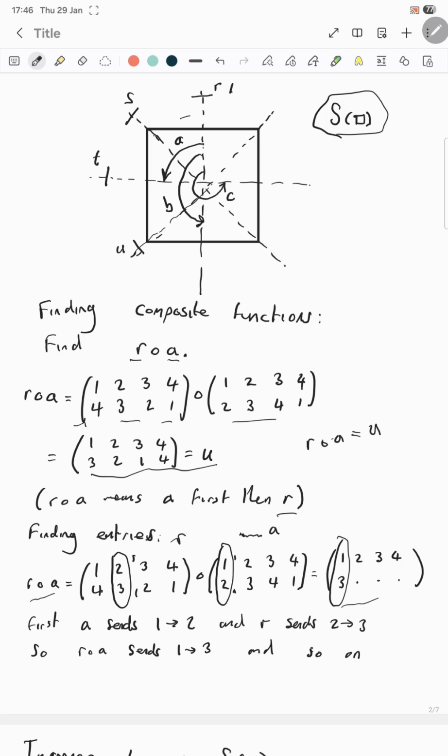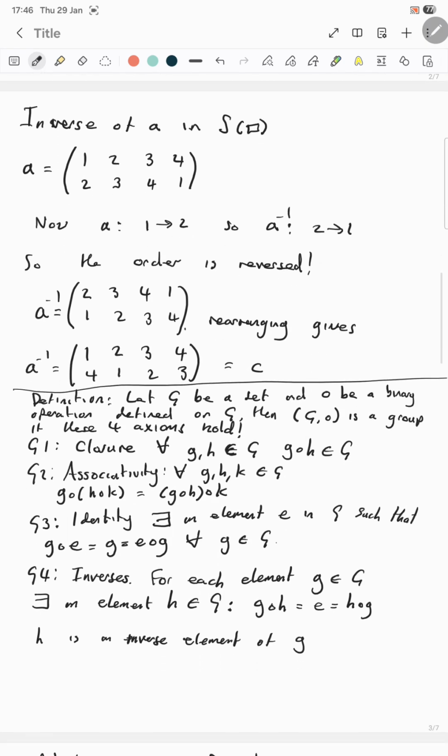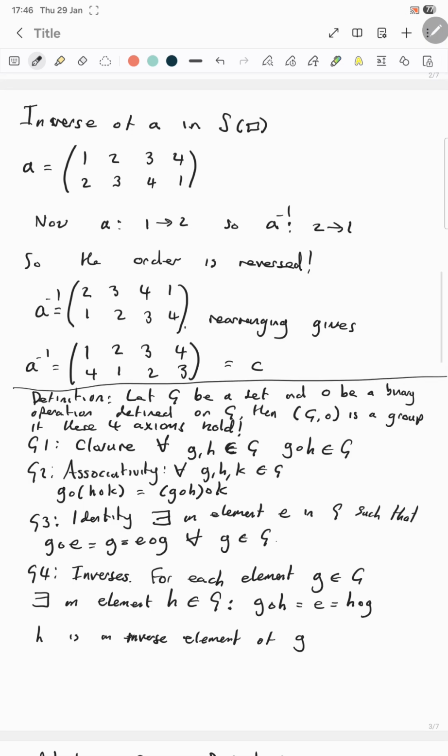So going through this process, and we're filling in this one, we first send 1 to 2 and R sends 2 to 3, so R composite A sends 1 to 3 and so on. Now the inverse of A is S squared. A is this. Now A, we're mapping 1 to 2, so its inverse is 2 to 1. So it's just simply reversing the order, which rearranging equals C.